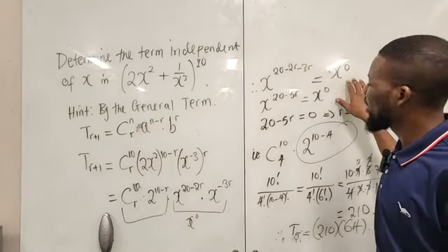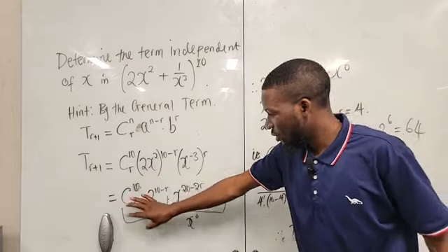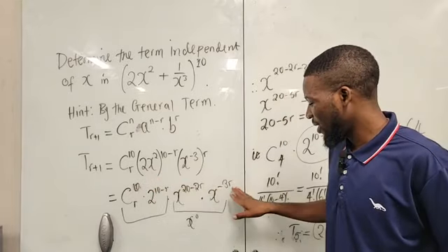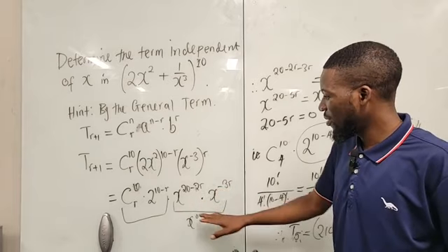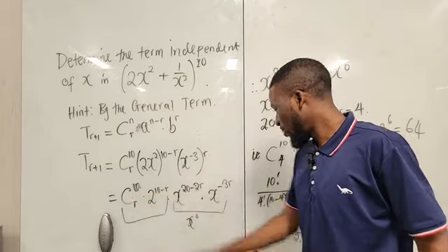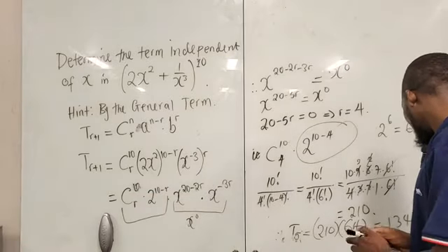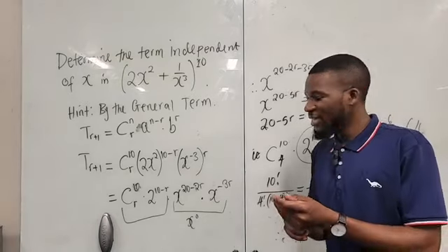That is what we did here. Then find r. After you find r, you just substitute in your expression where there is r. So you can see that this and that will give you 0. You remain with the term 10 minus 4, and then compute that. This gives you this value. So we end here.